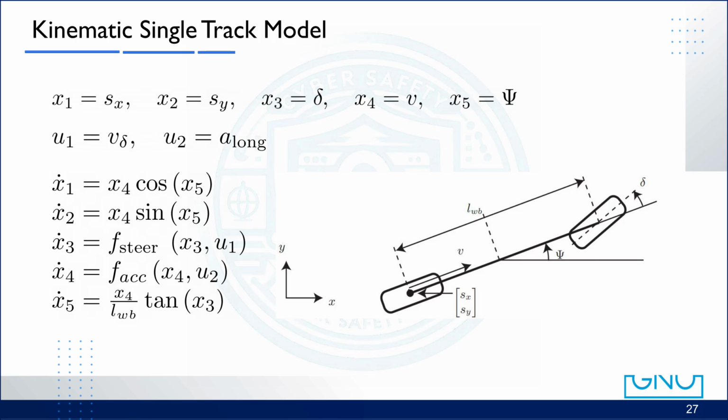For example, x1 dot equals x4 times cosine of x5 means that the x position changes depending on the velocity and heading direction. The dot above x means the rate of change with respect to time, how fast the state increases or decreases.